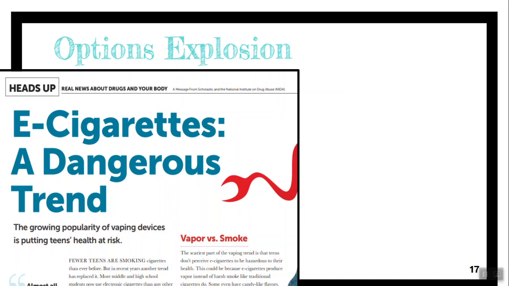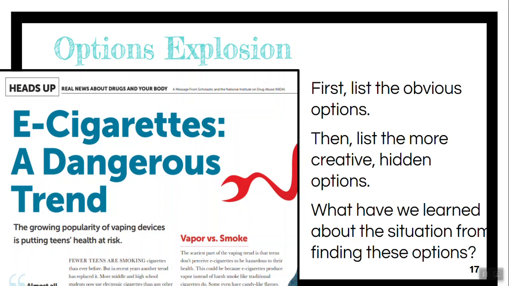Then list the more creative or hidden options. What might be more exciting to do? And then we're going to have you share with your learning buddies about what you've learned from the situation from finding these options. So take a couple of minutes to read the article, which you can find by opening a new tab and typing in bit.ly/eCigText.